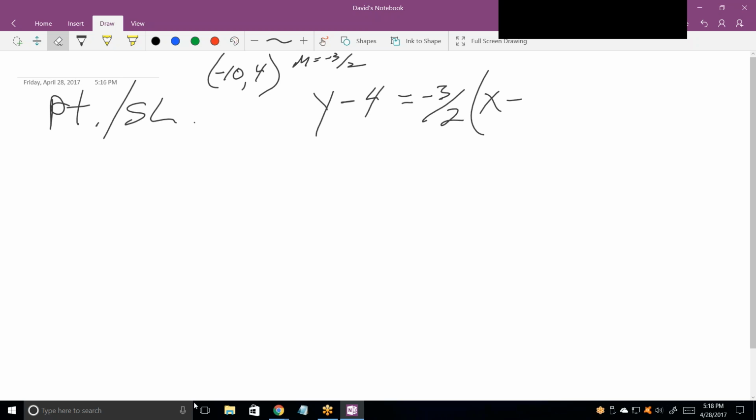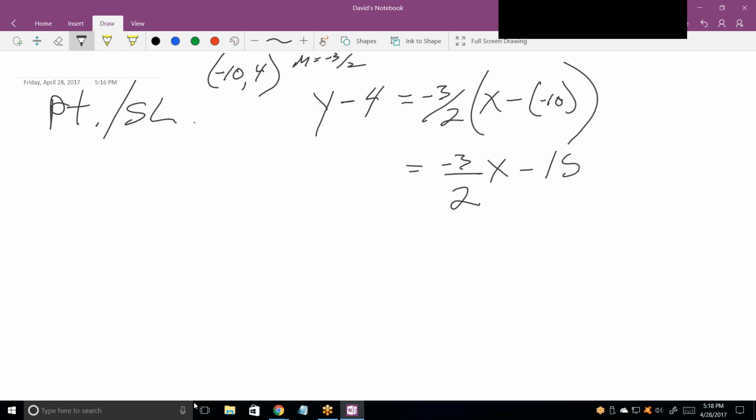I almost fell for it. So, negative 3 over 2x, and so minus 30 over 2, which is 15, plus 4. So y equals negative 3 over 2x minus 11.